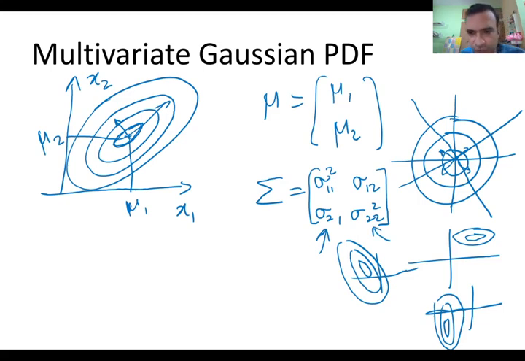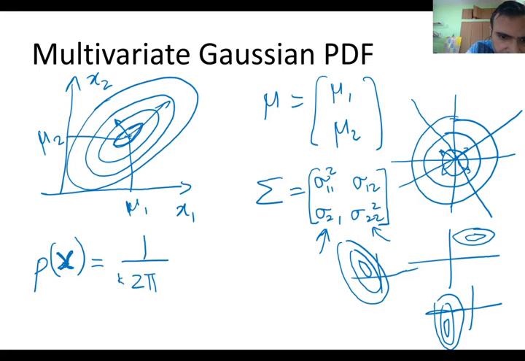And this can go to 3 dimensions, 4 dimensions, n dimensions. So let's say it goes to k dimensions, then your PDF p of x, where I draw a bold x because it's a vector, is going to be 1 over 2 pi to the power k by 2, where k is the dimension, and then the determinant of sigma, also in the denominator, under a square root.